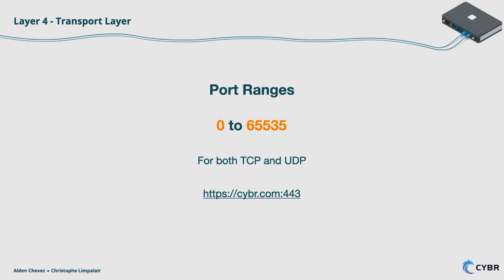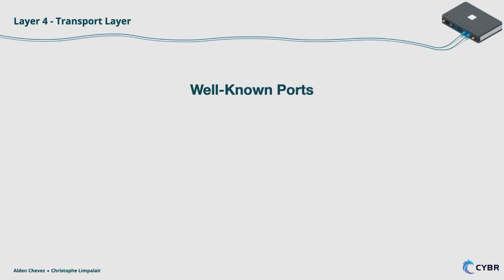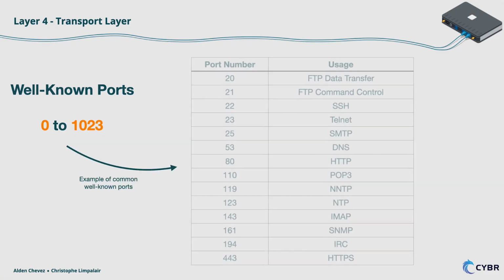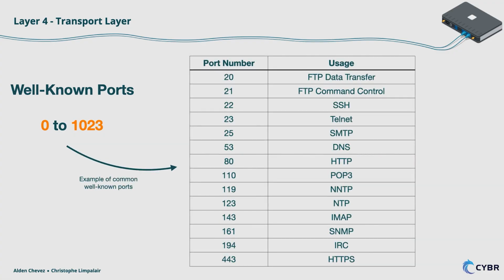Now, within that range of ports that we just talked about, we do also have different segments of ports. For example, ports 0 to 1023 are commonly known as well-known ports. These are assigned by an organization called the IANA. Port 22 for SSH and ports 80 and 443 for HTTP and HTTPS are examples of well-known ports. Now, you don't have to use those port numbers for those types of services, it's not a strict requirement, but more often than not, people will use the defaults for simplicity.